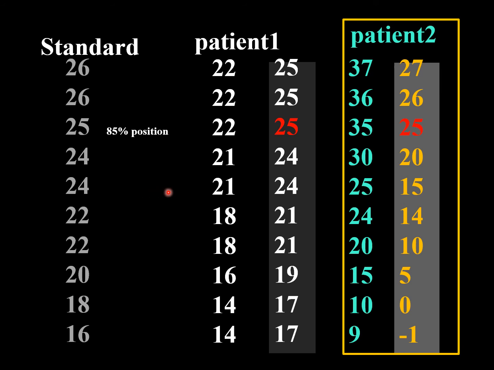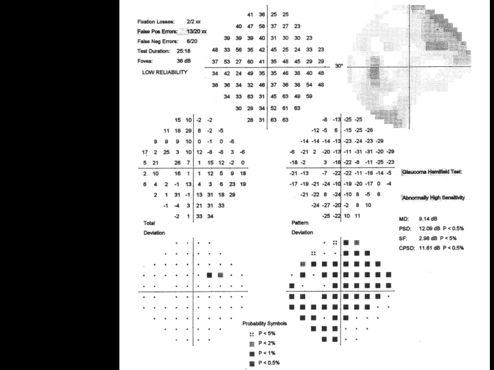Again, if the position 85% is higher than the normal, then everything will be reduced. As in this example, this field belongs to a child of 11 years. He was a happy, trigger-happy patient, and the values here are very, very high.